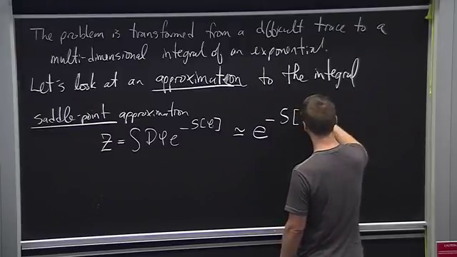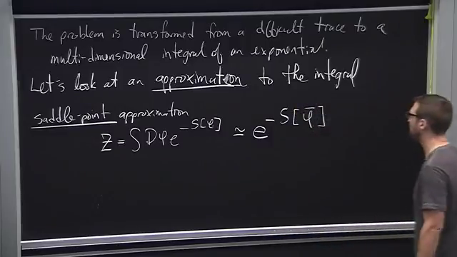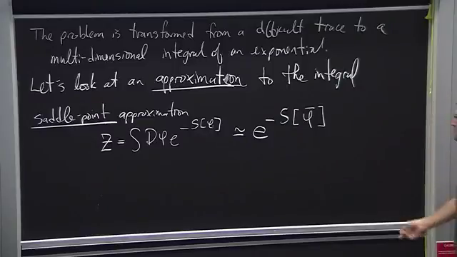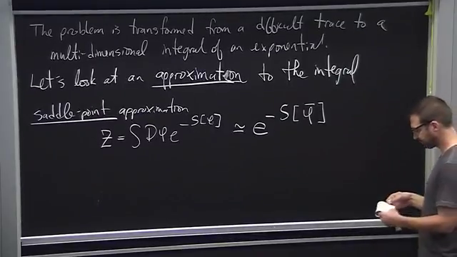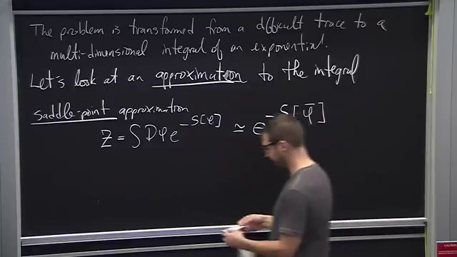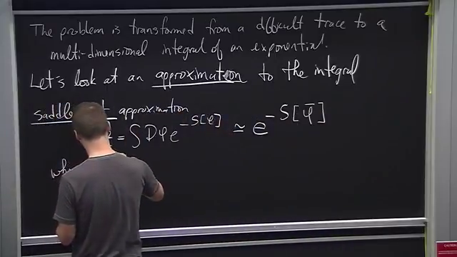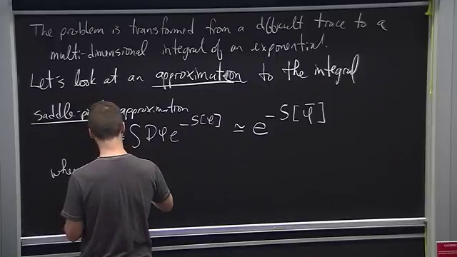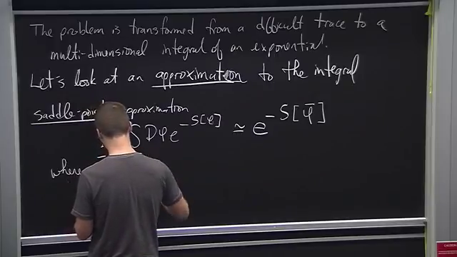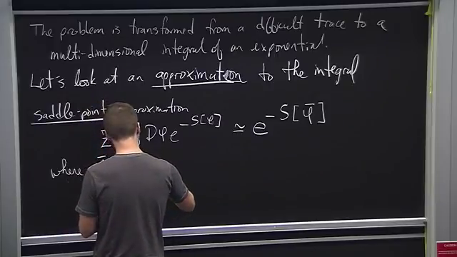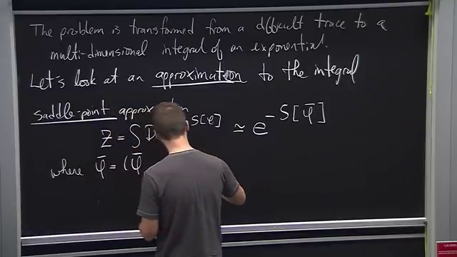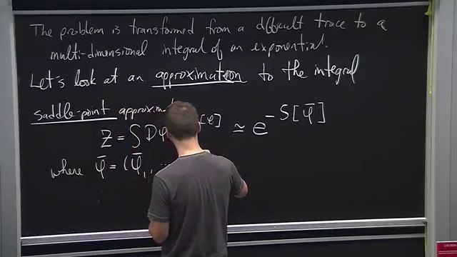And you have to evaluate this at, I'll call it, phi bar. Again, remember this is a multidimensional field vector, with n components.